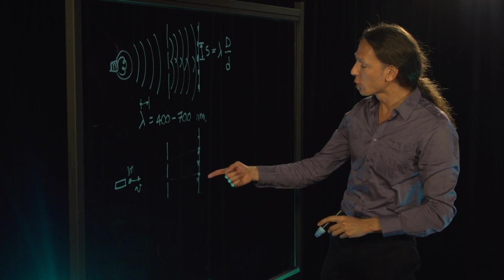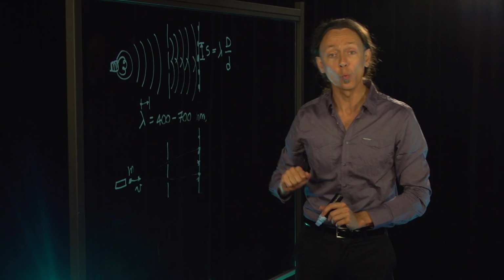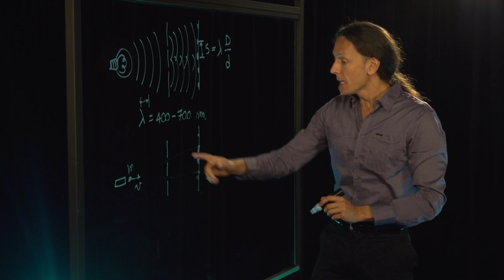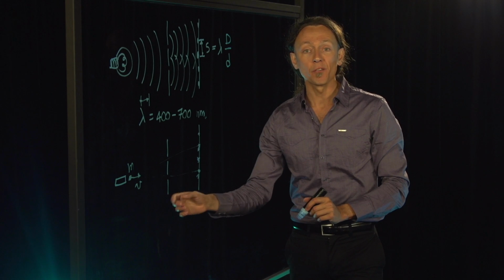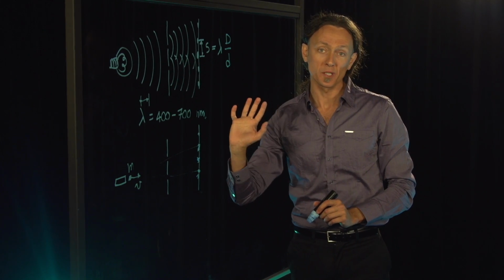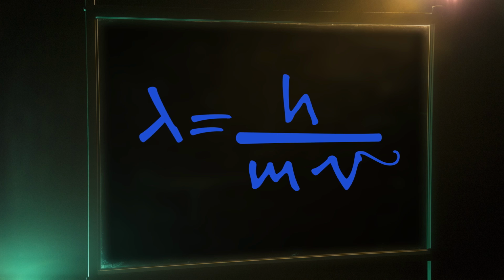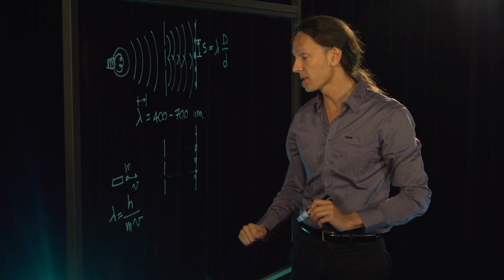Again, what does it take to see this interference pattern? Same story. You need to know what is the wavelength of the wave associated with the proton. If you do the maths, you put in the mass of a proton and you take a velocity, for example, 1 meter per second, very slow velocity, the formula for the wavelength tells you the wavelength is the Planck constant, the fundamental constant of quantum mechanics, divided by the mass times the velocity.